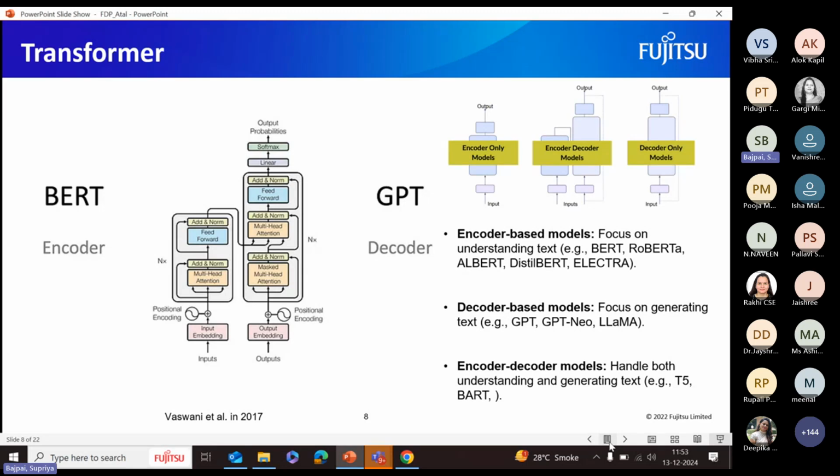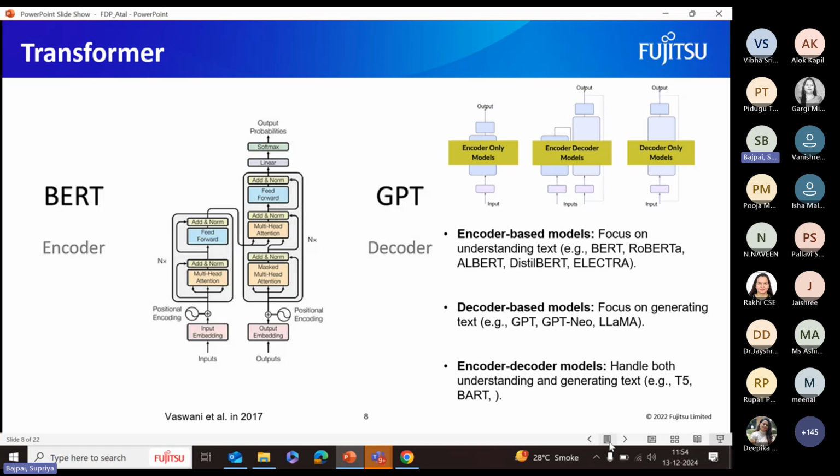If we look at the architecture of the transformer, it has an encoder and a decoder. There are several models which are based on the encoder only, several which are based on the decoder only, and several which are based on both the encoder and decoder of the transformer.